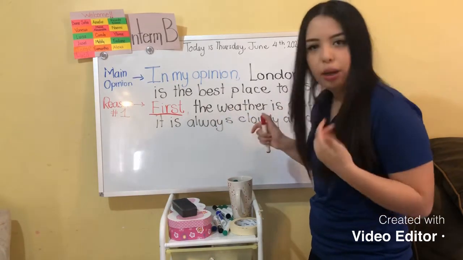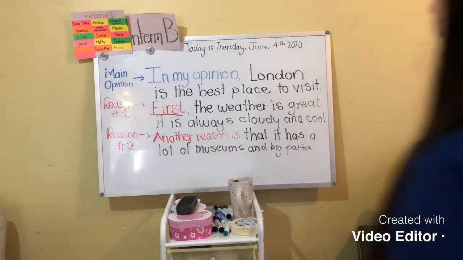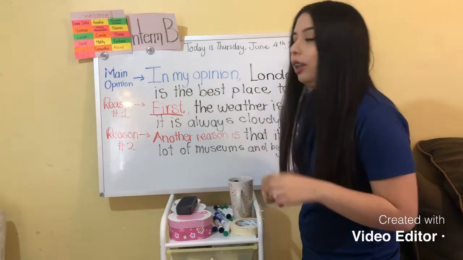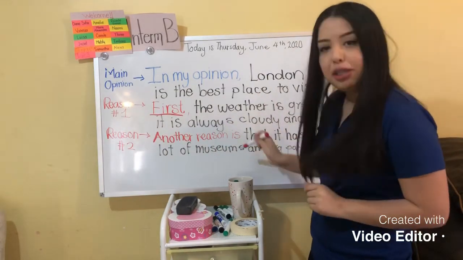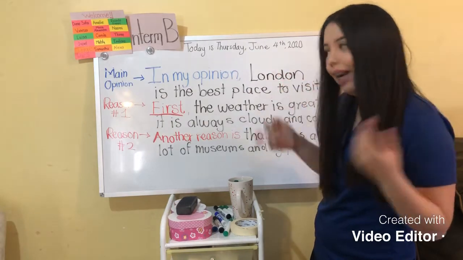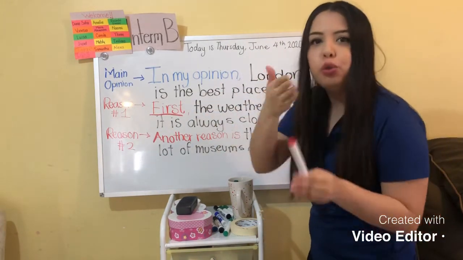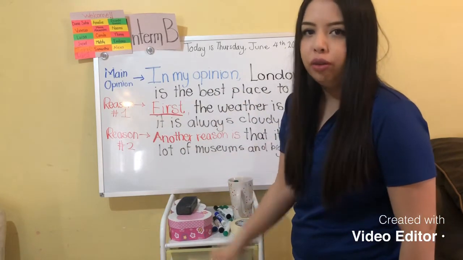Okay, let's go with the number 2. Now, in the reason number 2, the transition word is another reason is that it has a lot of museums and big parks. Okay, so you are making it easier to read. It's not like it has museums, it has parks, and it's beautiful.